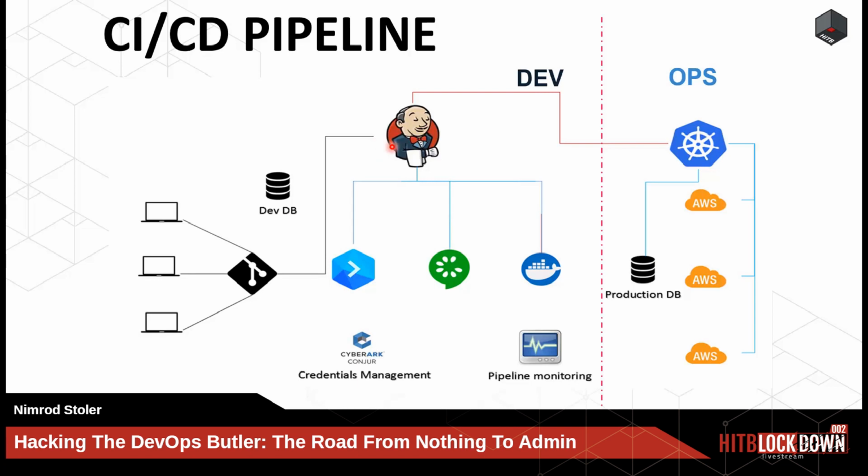Jenkins is brought to life and starts building the code here, testing it over there, and eventually pushing the code, in our example, as an image into the Docker Hub here. If the dev side compilation and tests are successful, Jenkins will be prompted to continue with the ops side.